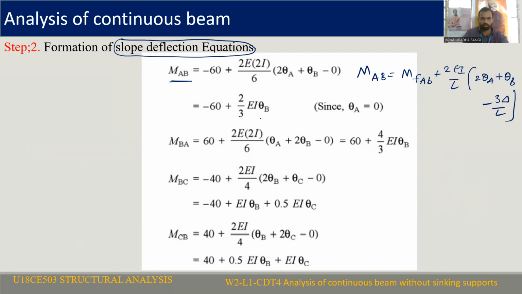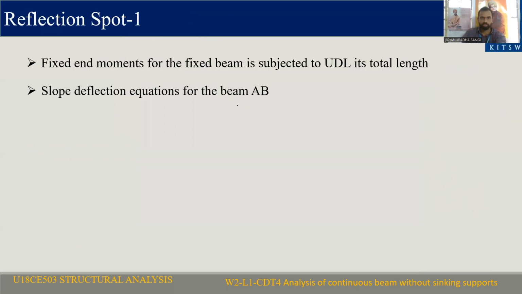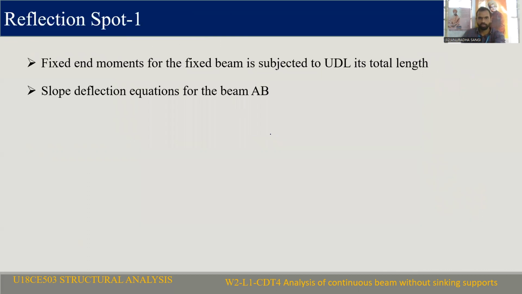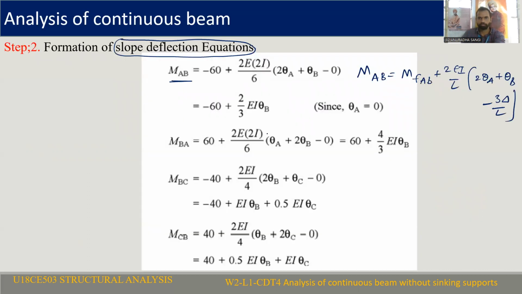If you see the span, as we just discussed, theta A is 0, and theta B and theta C are the unknowns. So the remaining are all zeros. Substitute theta A equal to 0 and delta equal to 0, and MFAB as minus 60.